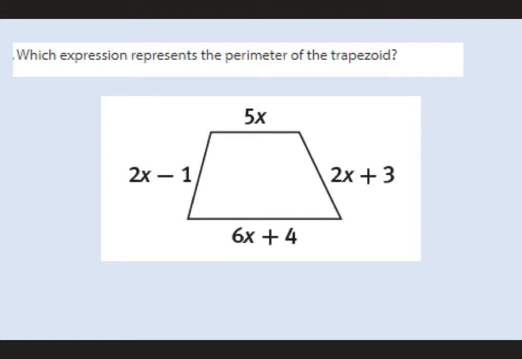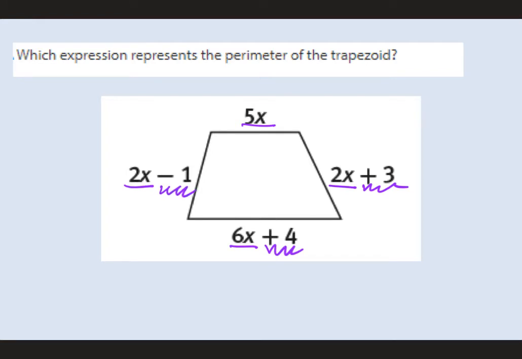All right, so if we wanted to find the perimeter of something like this, and it's given in all these variables, we're going to combine all the like terms together. So I'll go through and underline. This is 5x, this is 2x, this is 6x, and this is 2x. Those are all different forms of x's. We have a constant of 3, a constant of 4, and a constant of negative 1.